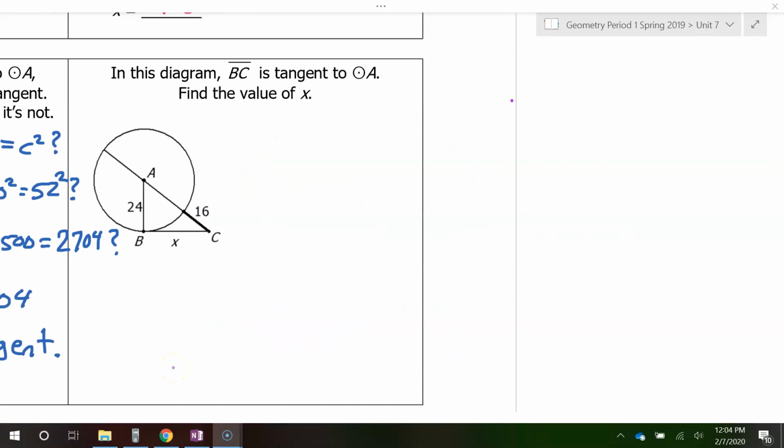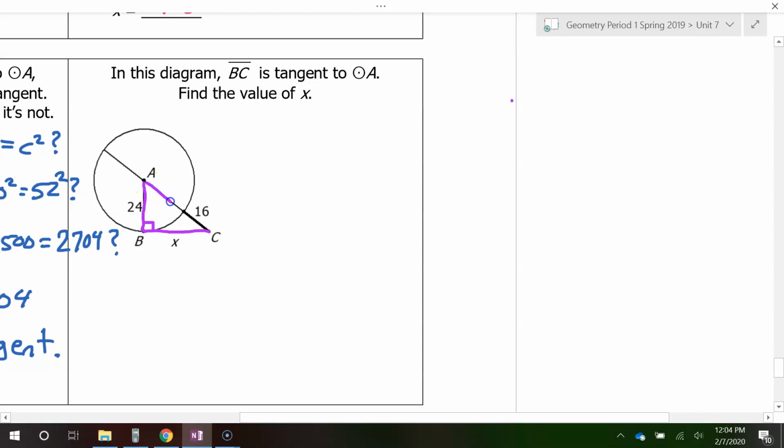In this problem, we are given that segment BC is tangent to circle A. So when you have a tangent segment like this one, it is automatically going to be perpendicular to the radius. So we know that this is a right angle, which really means that this entire triangle is a right triangle.